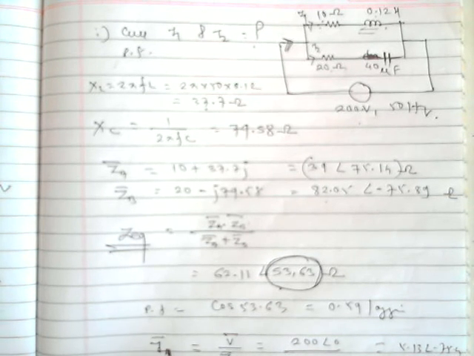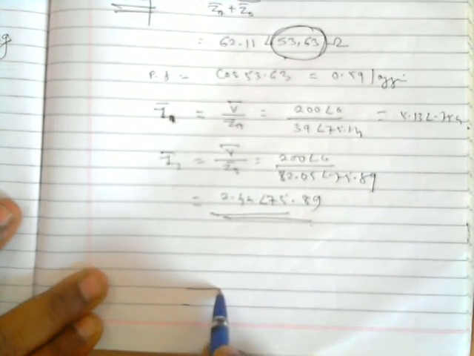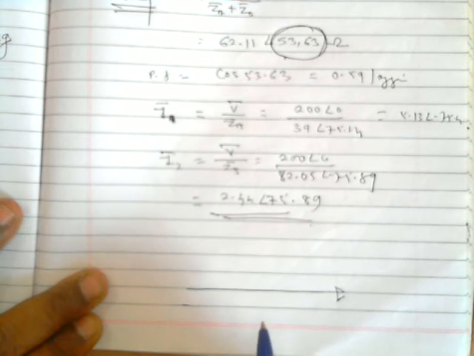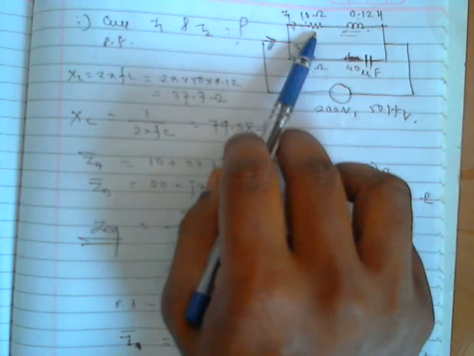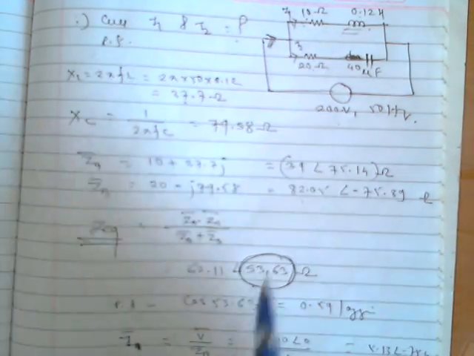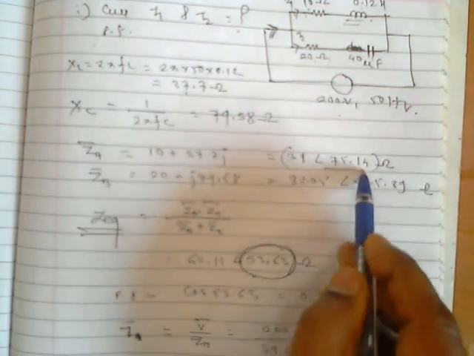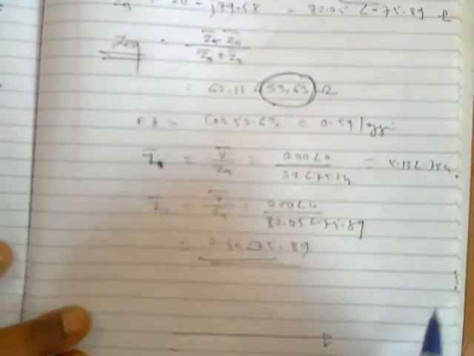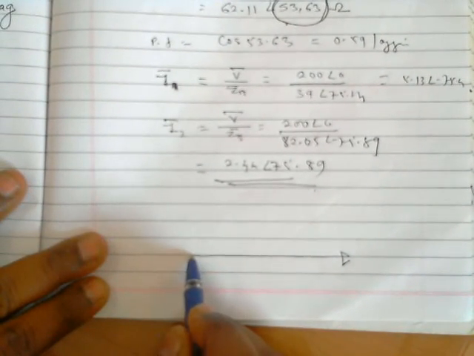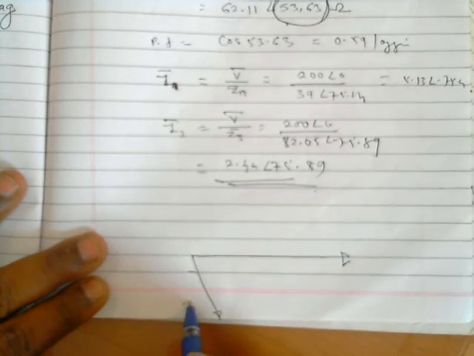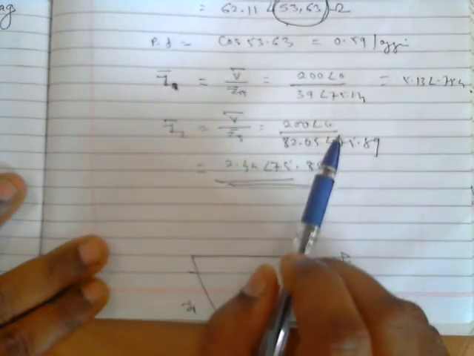While drawing the phasor diagram, it's very simple. We'll take voltage as the reference. Then current I1, if the current in this coil is called I1, then by what angle is it lagging? See where ZA is, it is lagging by 75 degrees. It is an inductive circuit, so it is lagging by 75, meaning I need to draw it somewhere here. This is I1.